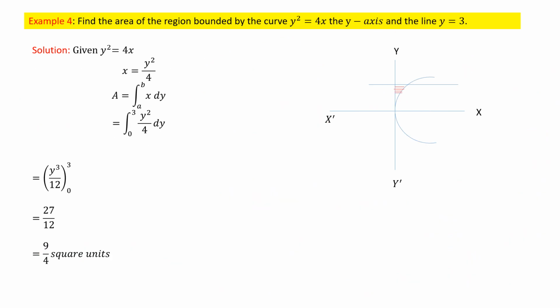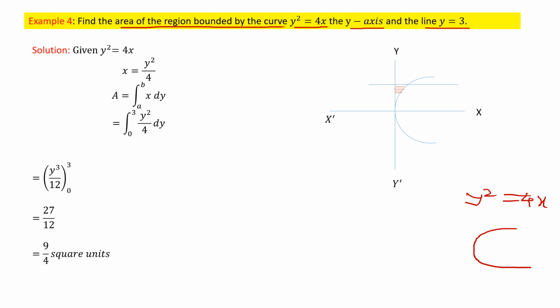Let us see one more question. Find the area of the region bounded by the curve y squared equal to 4x, the y-axis, and the line y equal to 3. So y squared equal to 4x is nothing but a parabola open on the right side like this. Okay, so we have a line y equal to 3.